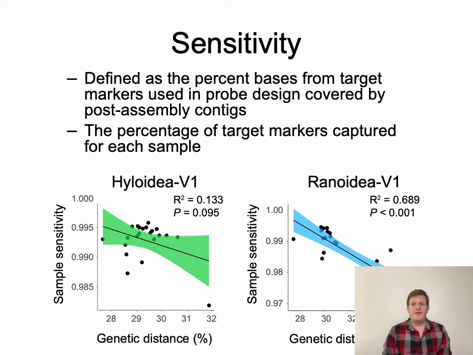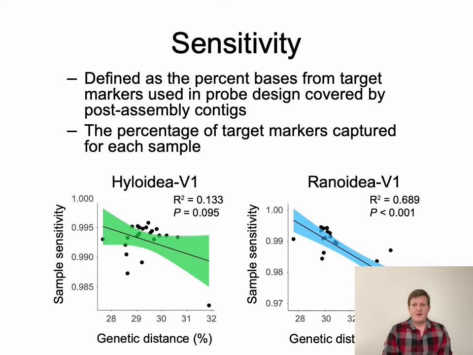And on the left figure is Hyloidea version 1, which was a consensus design, and on the right is the genome-based Ranoidea version 1. And we find a significant and strong relationship between genetic distance on the x-axis and sample sensitivity on the y-axis in the Ranoidea genome-based design.